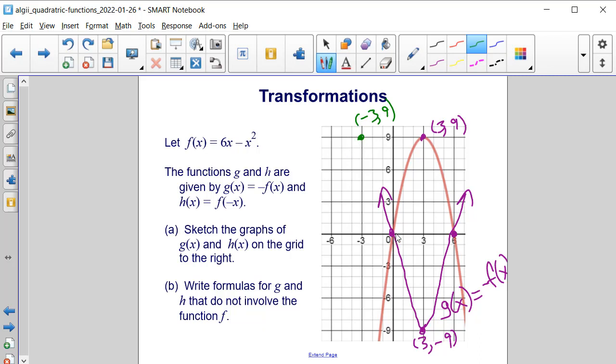And then the 0 that occurs at the origin will stay there, but the 0 that occurs at (6, 0) will now occur at (-6, 0). So the graph of h of x is going to look something like this.